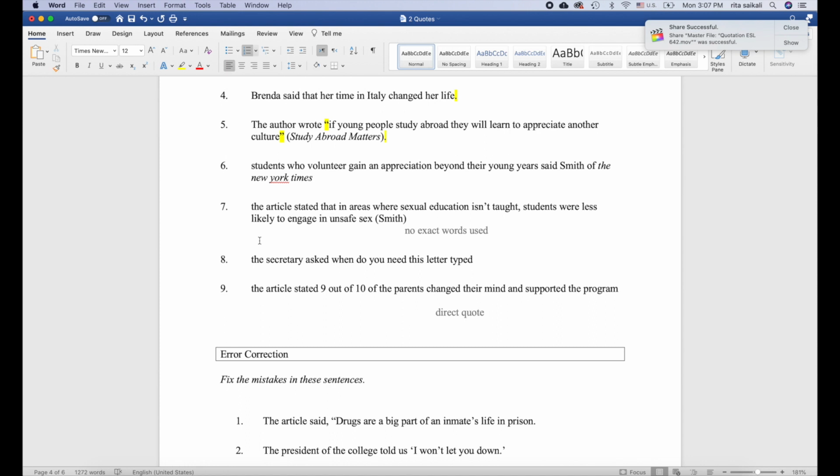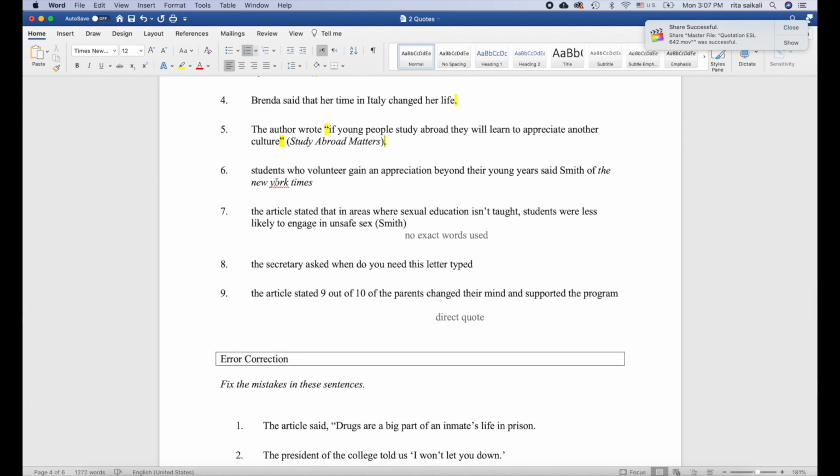"Students who volunteer gain an appreciation beyond their young years," said Smith of the New York Times. So first of all, this is exactly what Smith says, so we're going to put quotation marks. Students is the first word, so S has to be capitalized, right?